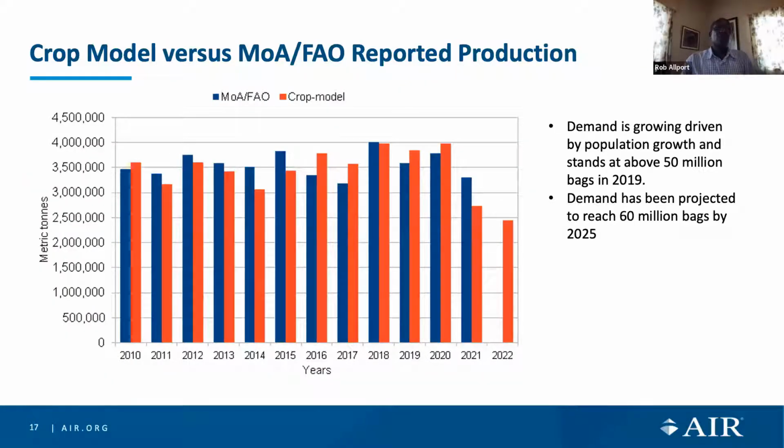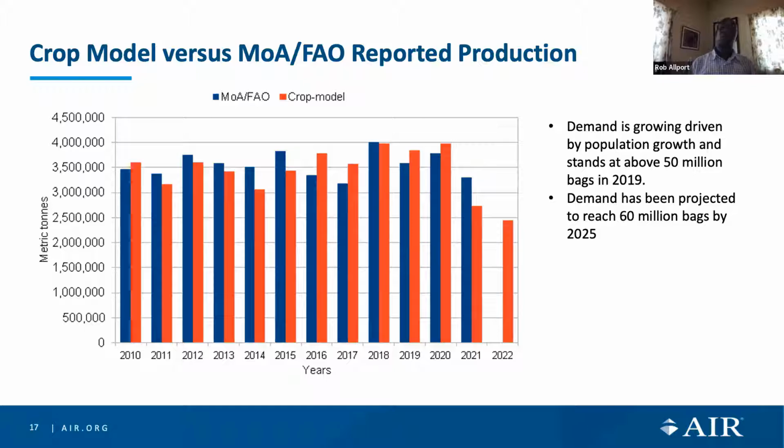We also ran the simulation from 2010 all the way to 2022. And we compared with the information that has been reported about maize production in Kenya by the Ministry of Agriculture / FAO. I put FAO because sometimes with the ministry, you don't get a lot of information on their website.